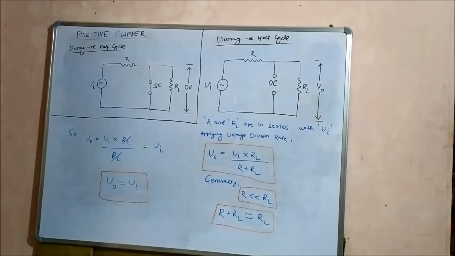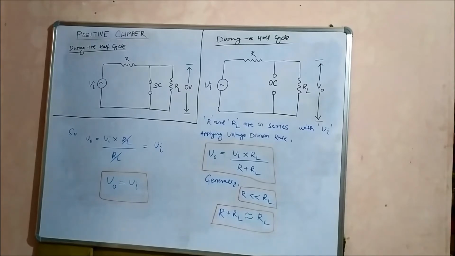Whenever you get a circuit arrangement like this, you can apply the voltage division rule to determine the voltage across any of these resistances. We are interested in determining the output voltage across the load resistance, so we can apply the voltage division rule here.